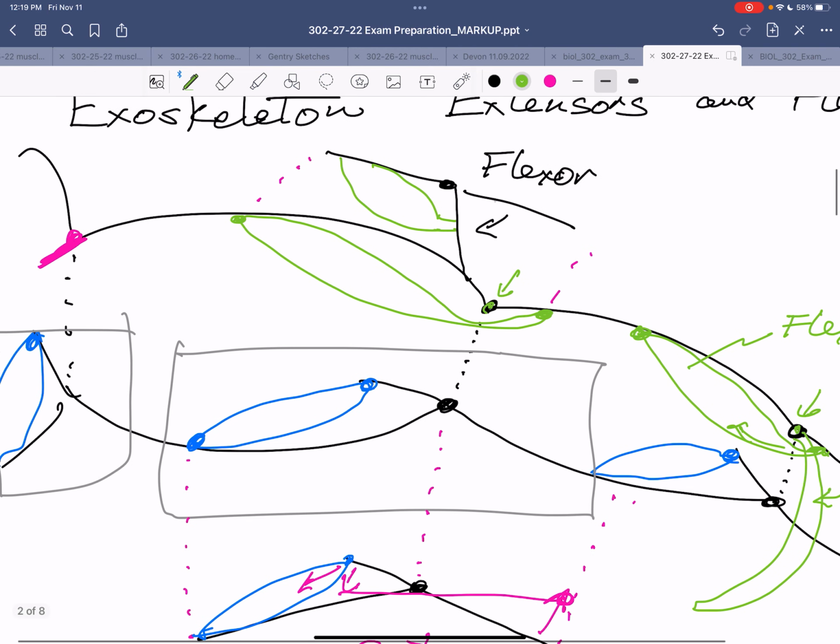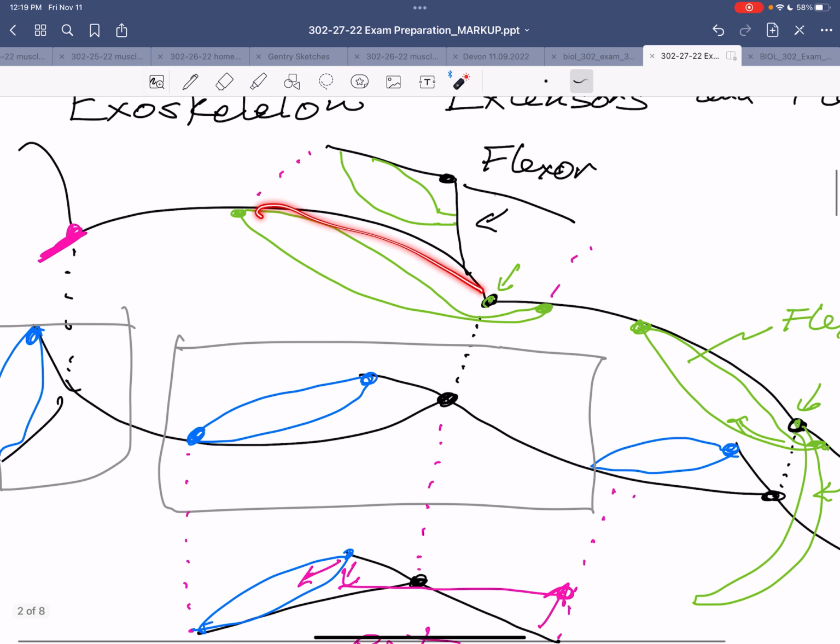You can't just memorize that extensors look like this and flexors have this extension. Because what if I put a muscle like this? If we shorten this muscle, then this limb has to go like this.